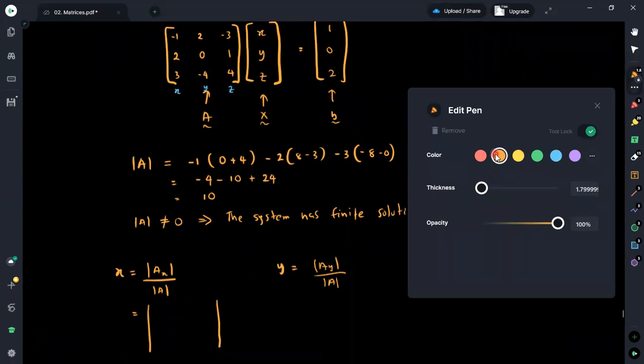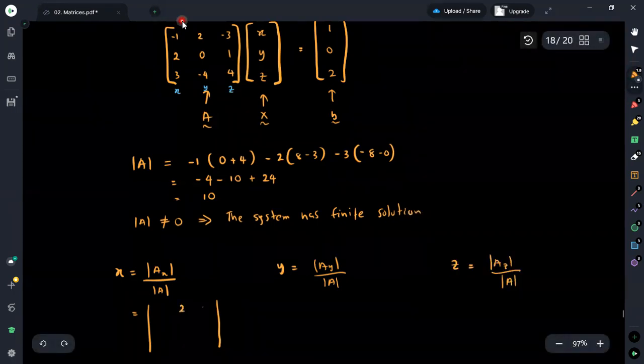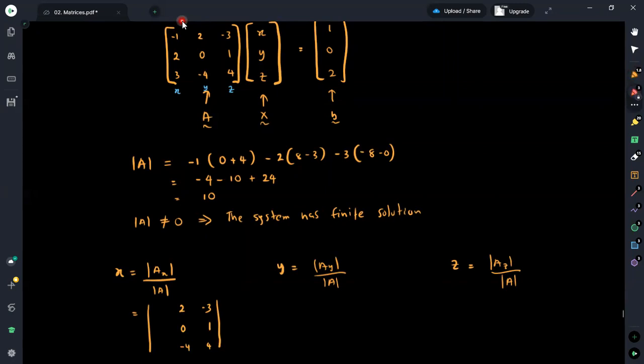Since we need to obtain the value for the x variable, we have to omit the first column, since it is the column associated with the coefficients of x. Then we get 2, -3, 0, 1, -4, +4. Then we replace the elements of the first column by the constant terms, which are 1, 0, and 2.